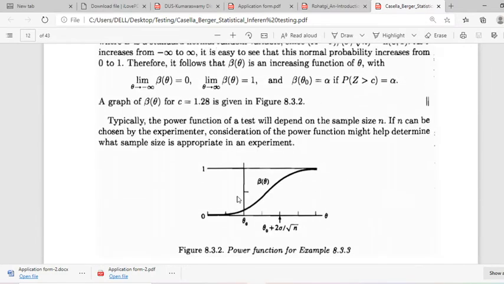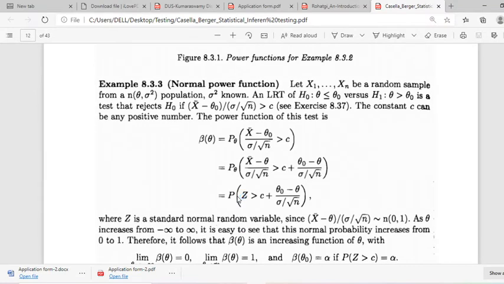Continuation. Yeah. Suppose so first of all we have to find out the power function of the normal distribution. Okay. I think we have discussed the rejection and acceptance criteria in some of the previous class.